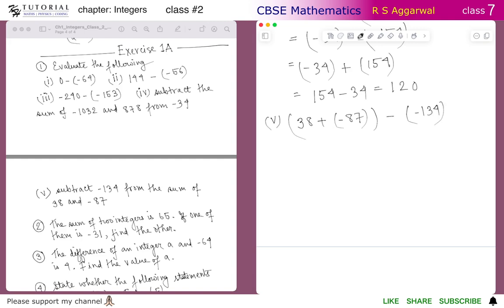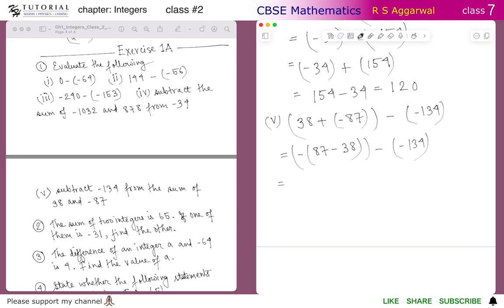So first we will complete the addition part, that is 38 plus minus 87. As per the rule of addition of integers of unlike sign, this will be minus 87 minus 38, and this is minus 134.